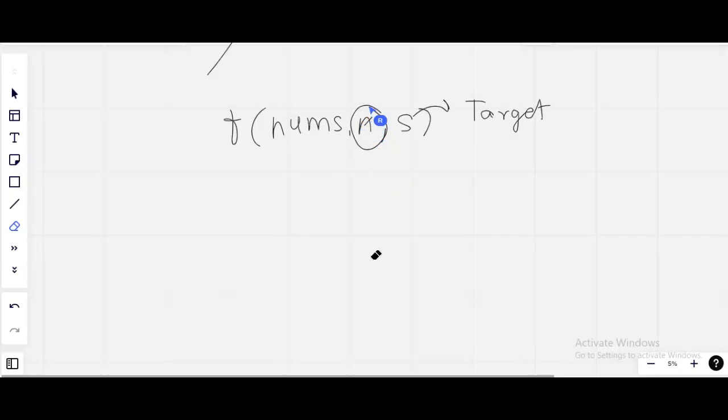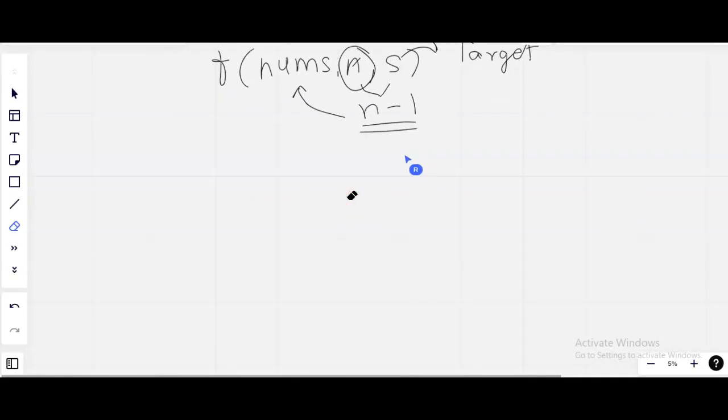So that means we have n elements, and the nth element will be at the n minus 1 place, right? So every time we are checking for some ith or nth element, we will be going to its n minus 1 element in nums. That should be kept in mind.